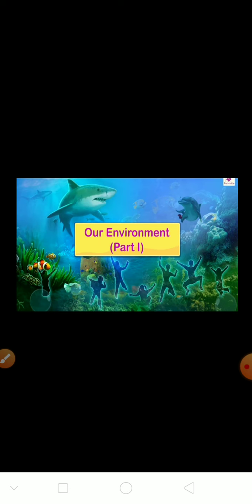The environment comprises the biotic and abiotic surroundings of an organism or population and includes the factors that have an influence on their survival, development, and evolution.